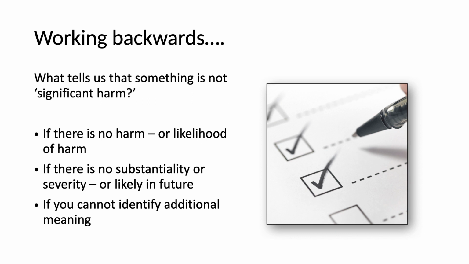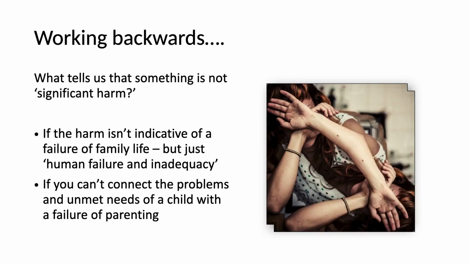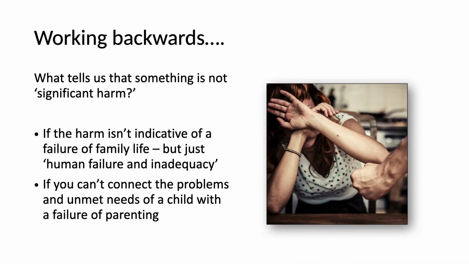Some practitioners find it useful to also work backwards. What tells you that something isn't significant harm? We know if there is no harm, despite concerns about the parents, which may leave you believing there is some meaning to their behaviour, in the absence of harm or likelihood of harm, there can be no significance. That is why establishing harm is the first step, often well supported by the use of risk 2.